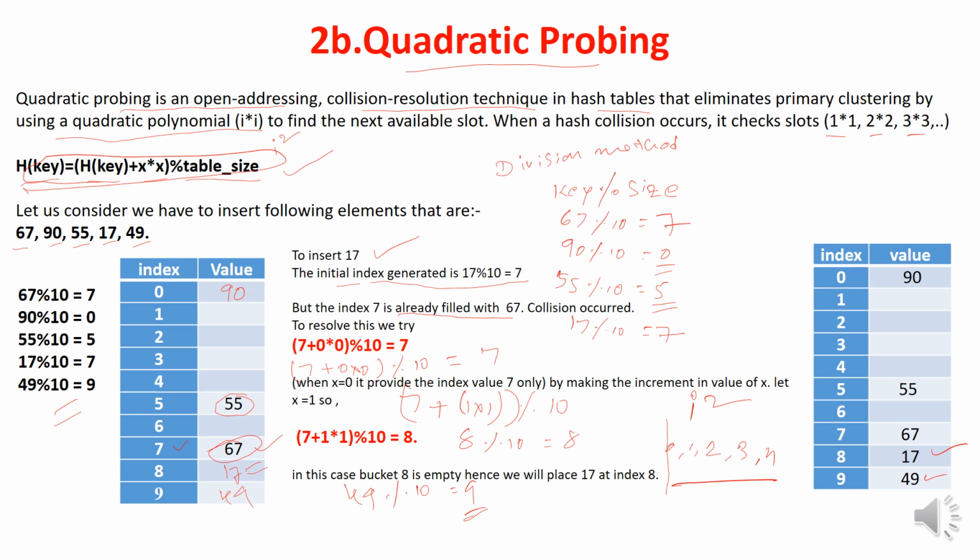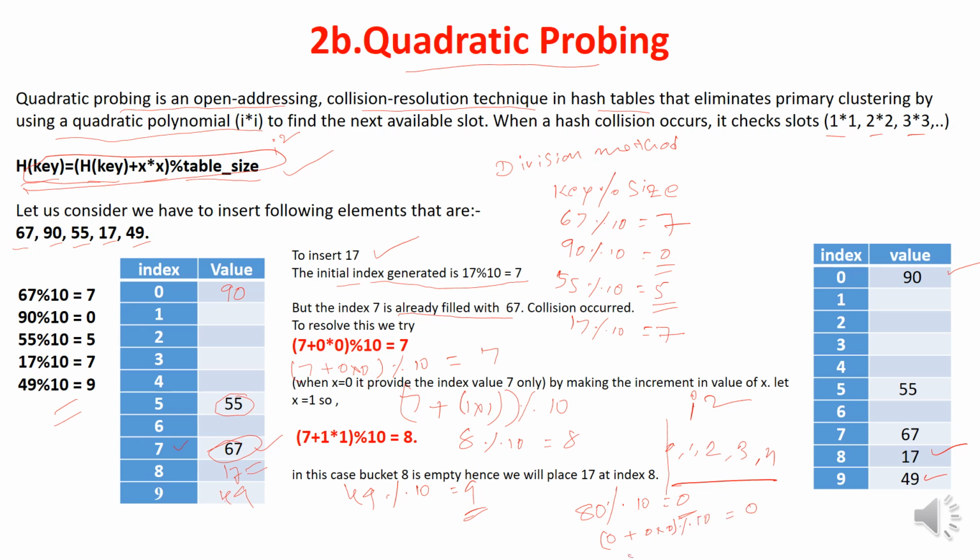Suppose I wanted to store 80. 80 percentage 10 is 0. Location 0 already has the value 90, so it is not possible to store 80 there. Collision occurred. To resolve this, we use quadratic probing. 0 plus 0 into 0 percentage 10 is 0 only, so not possible.